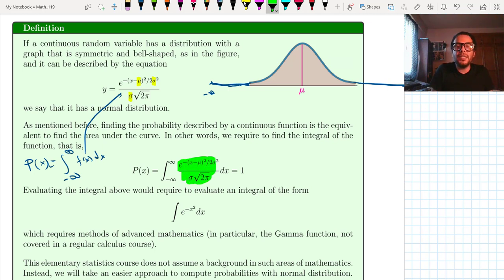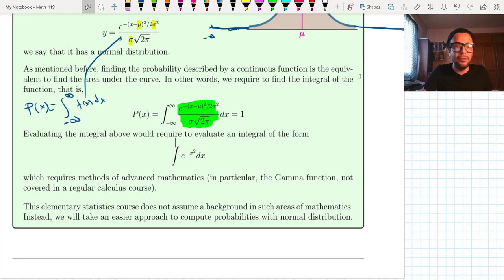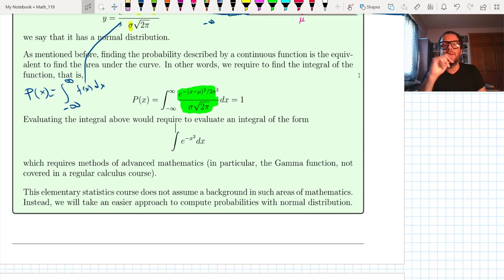The problem here is, number one, not all of you have taken a calculus class to do this the integration way. And number two, even if you took at least a calc 2 class, where we cover methods of integration, we would have to integrate e to the negative x squared, which in this case is not possible. We would need a different tool called the gamma function.